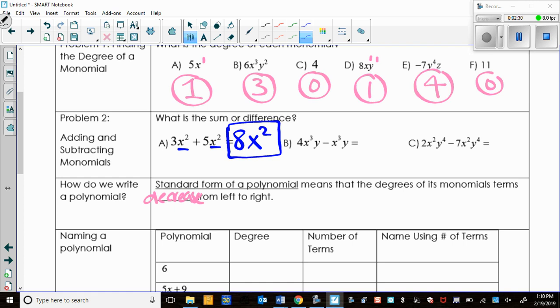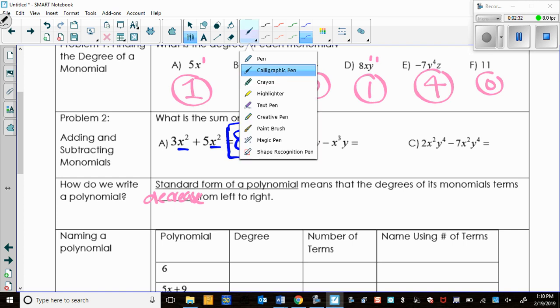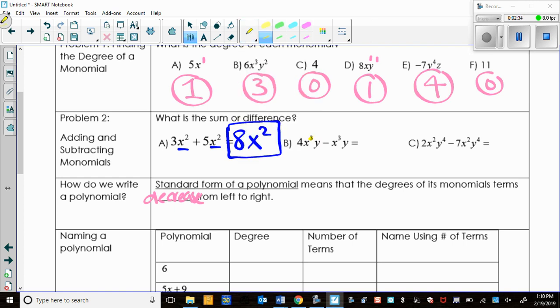Okay? Number 2, B, I have x to the third power times y minus, they have the same base here, so if I were to relook at this in terms of what you do know, this is the same thing as saying 4x minus x, because they have the same base. And when we subtracted these two, we got 3x.